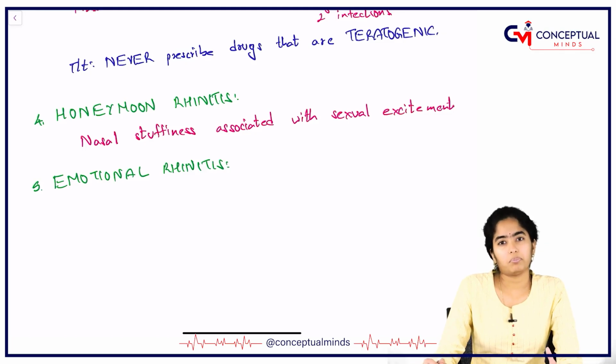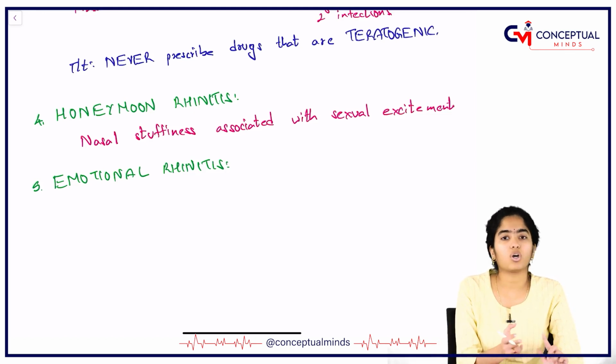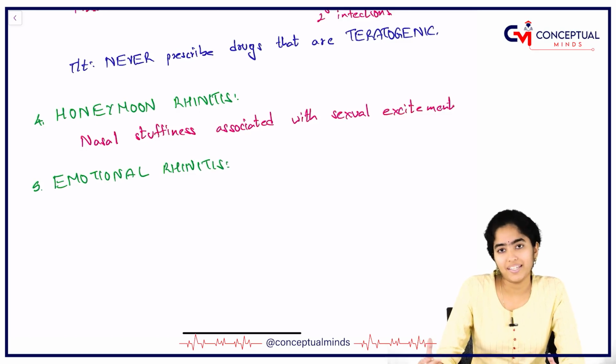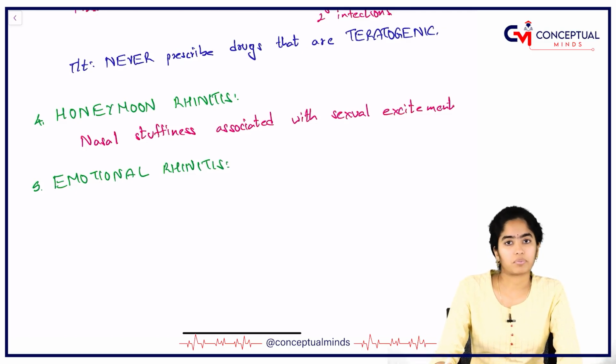Did you observe some people have perennial rhinitis all through the year? Every now and then they have episodes of rhinitis. It's neither infective nor allergic. It could be emotional rhinitis. That has become a defense mechanism in the body. Whenever they're emotionally upset or deranged, the nose starts to react and they have rhinitis-like symptoms.